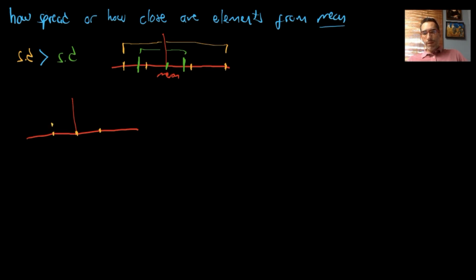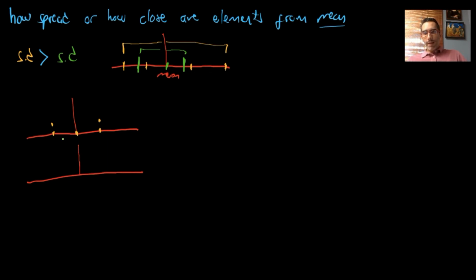Let's say that you have two elements here in yellow, and here two, and here one in the middle. The elements in green will have the same mean and will be equally far from the mean. So let's try to draw it as close as possible.